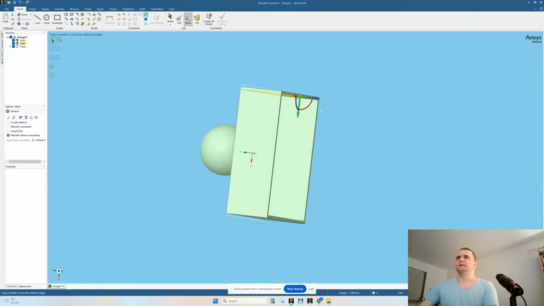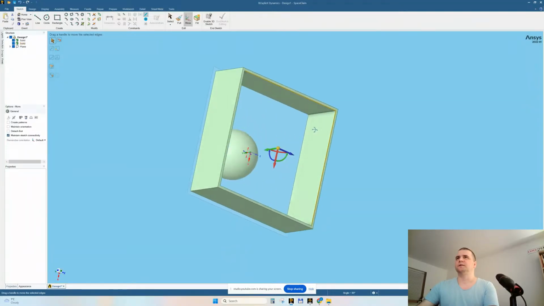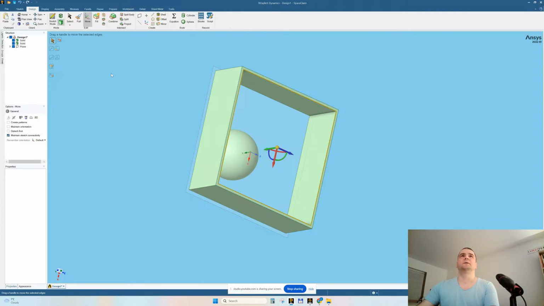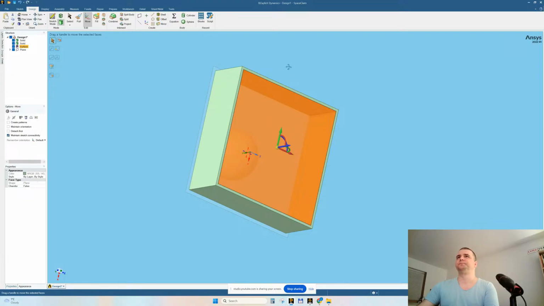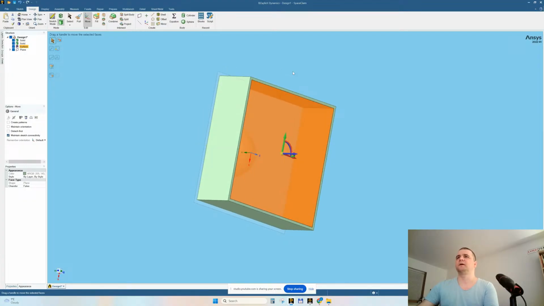If we select these edges from the inside, only the inside edges with Control pressed, we have here the command called fill. This command has created a surface, and this surface will be the bottom of the tank.